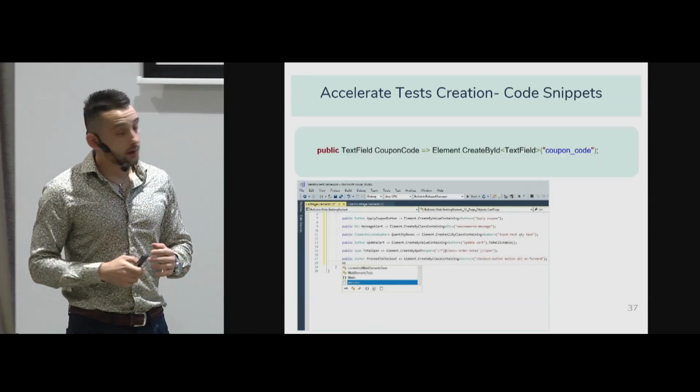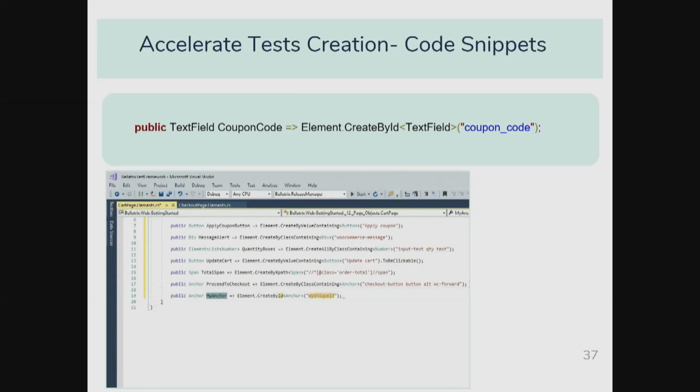And lastly, I think it's really important for you to give a way for people to write fast tests. And one of the things that slows me down at least is creating these types of locator properties. Because of that, in Bellatrix we created snippets. What are snippets? Snippets are like shortcuts for generating code.